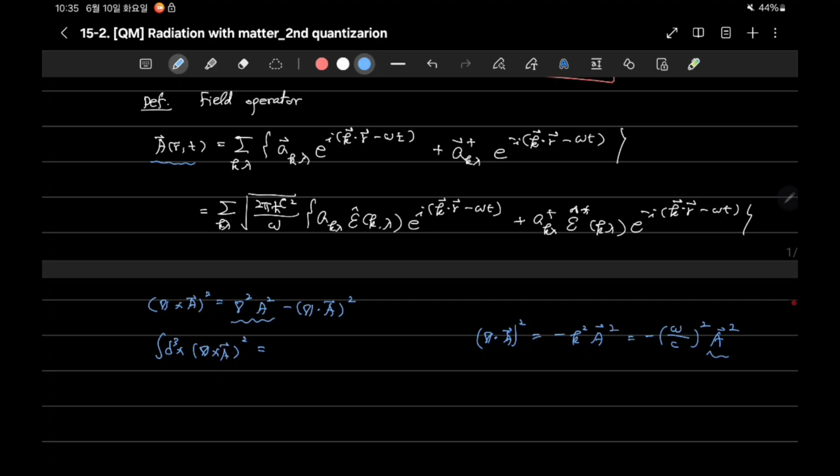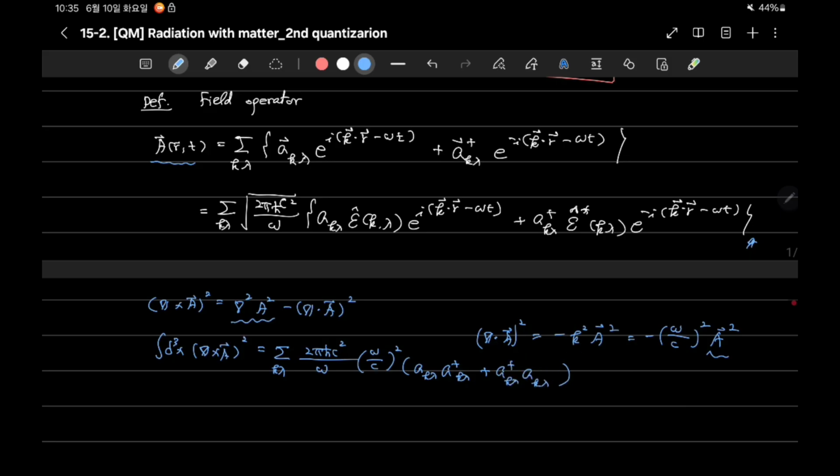So A is already quantized, and this term comes from the summation over k lambda of 2 pi h bar c squared over omega, times omega squared over c squared, and A squared means a_k lambda a_k lambda dagger plus a_k lambda dagger a_k lambda.